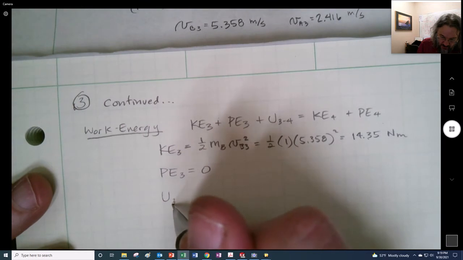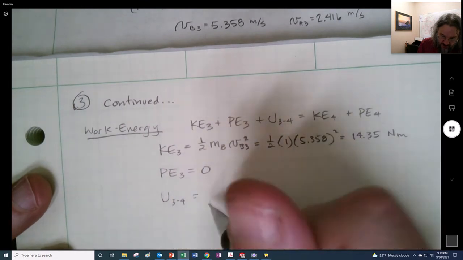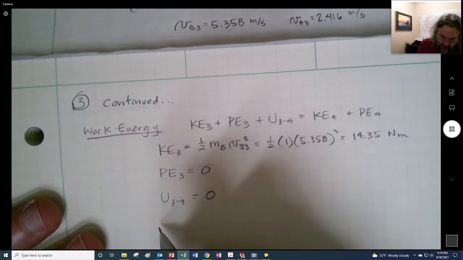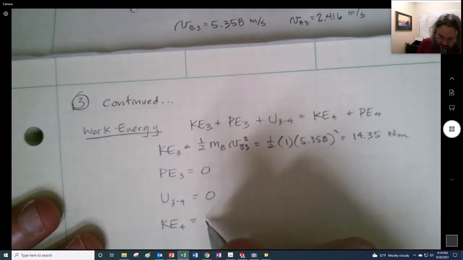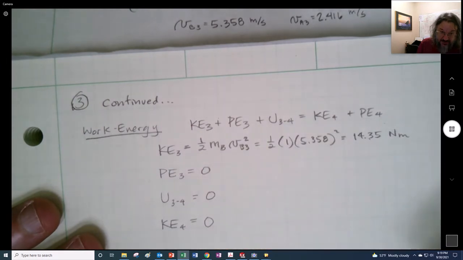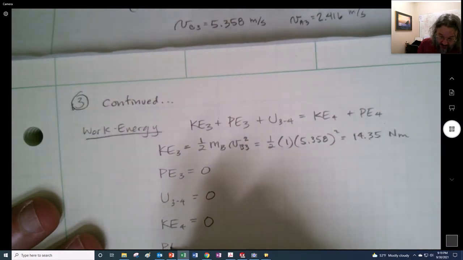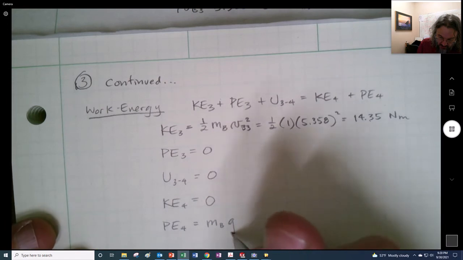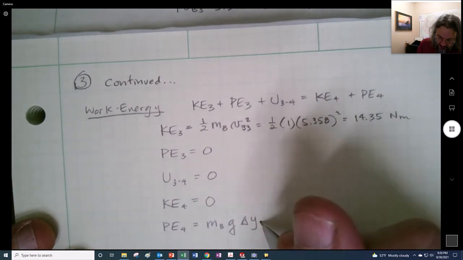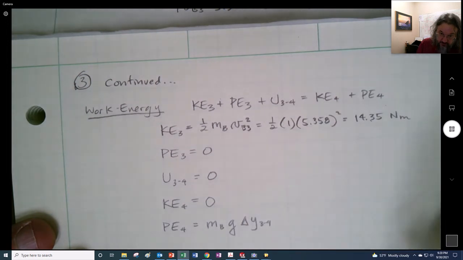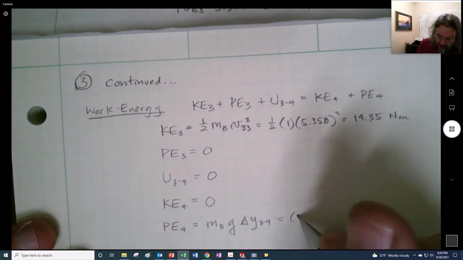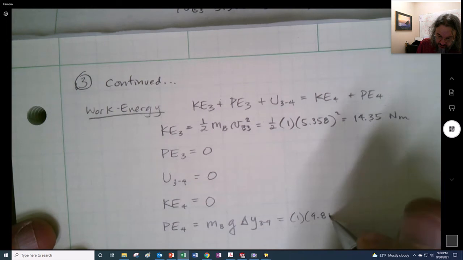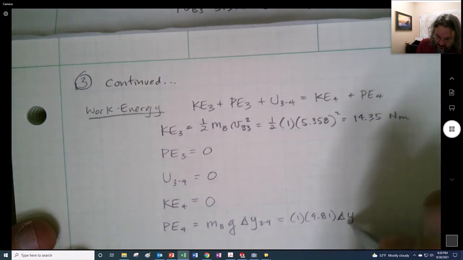The work done between states 3 and 4: nothing external. The KE at 4 is going to be equal to 0 because it's going to stop. And it's going to go up a height. And I'm going to go ahead and say mB g delta y from 3 to 4. So we know it's 1 times 9.81 delta y 3 to 4.